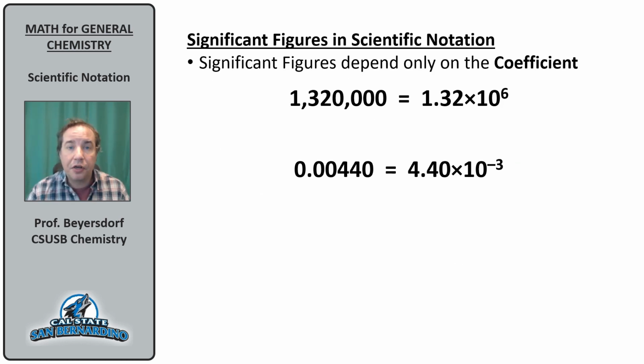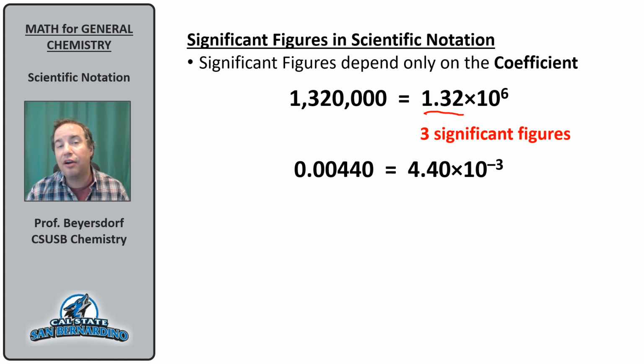Looking at scientific notation and figuring out significant figures all depends on the coefficient. So let's look at these two numbers we used earlier. 1.32 times 10 to the 6th. This 1.32 has 3 sig figs, so the entire number has 3 significant figures. This 10 to the 6th doesn't matter. In the same way, 4.40 times 10 to the -3 also has 3 significant figures. This 0 is significant. Why? Because of that decimal place.